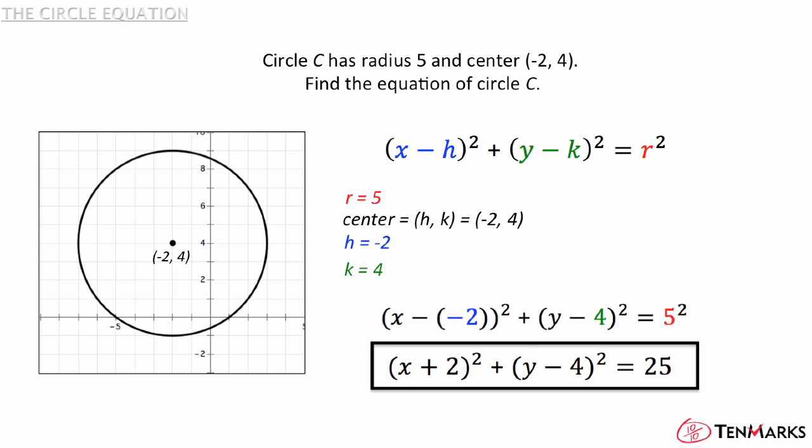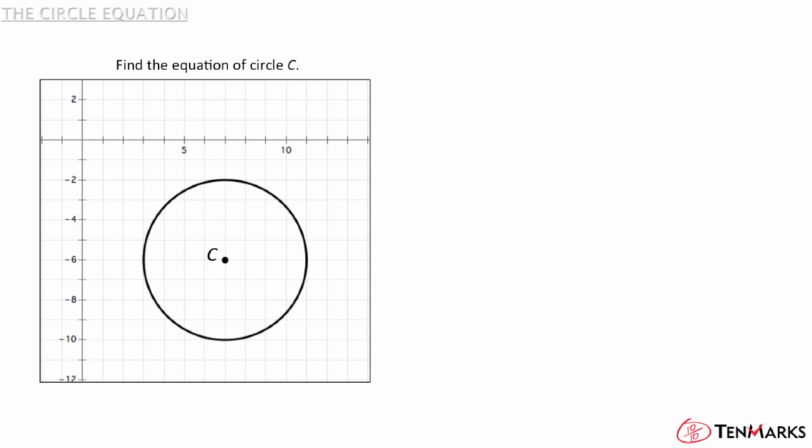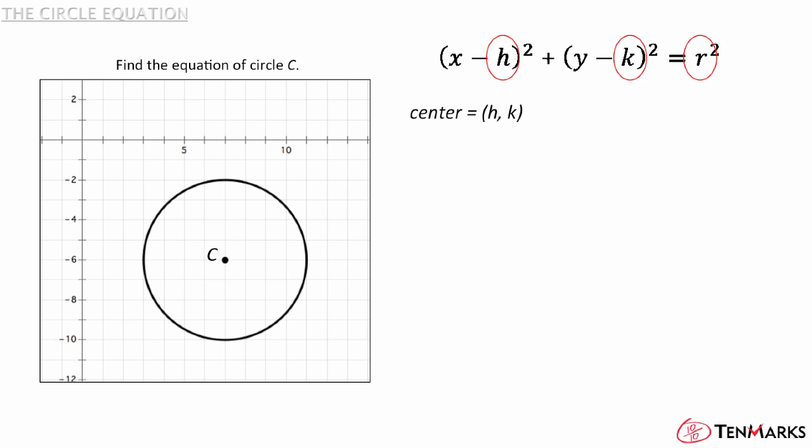Try another problem. Find the equation of circle C. First, write the equation for a circle in standard form to figure out which parts you need to find. You need to find h, k, and the radius r. Remember that the point (h, k) is the center of the circle. So use the graph to find the coordinates of the center.